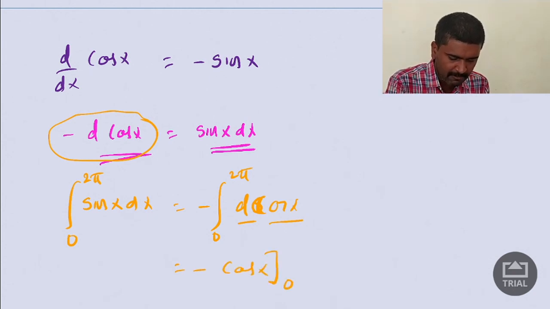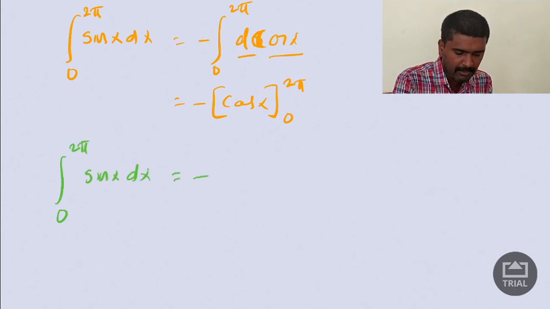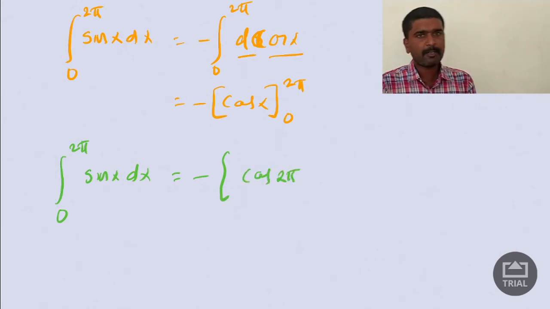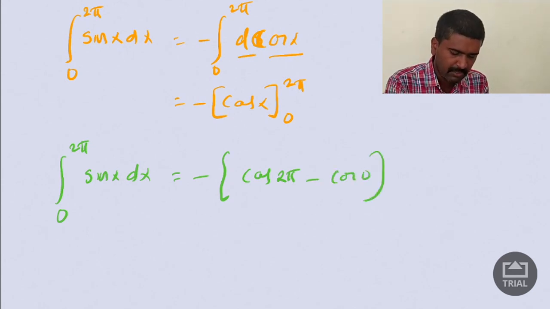Now the boundary conditions are from 0 to 2 pi, so let us apply them here. The integral of sin x dx from 0 to 2 pi is minus, first cosine 2 pi, that is what I am putting, the upper condition first, then the lower condition, that is cosine 0.